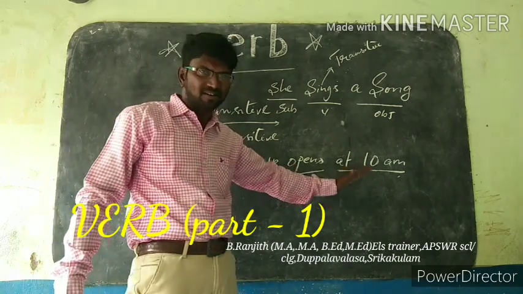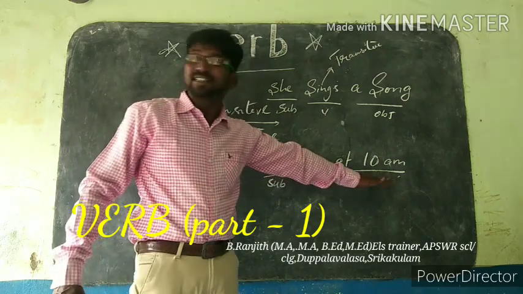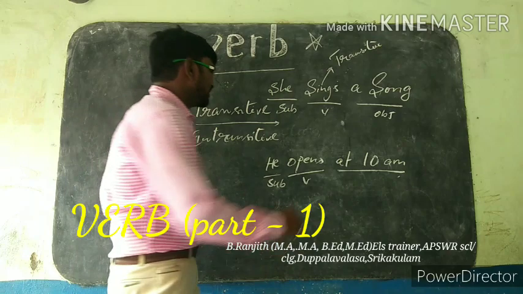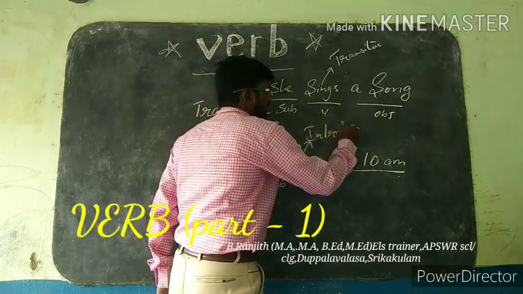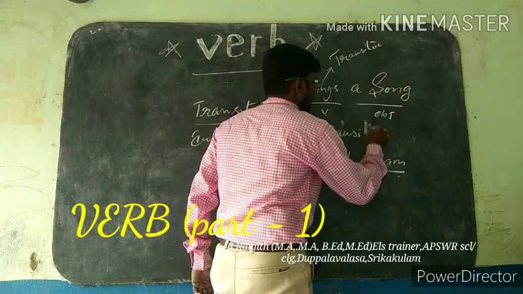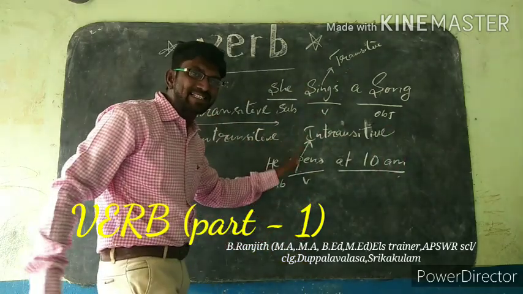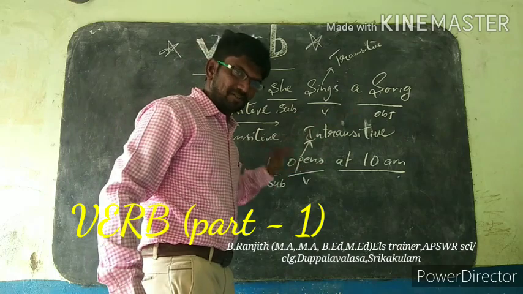Remember this. This sentence does not contain an object. So this sentence is called an intransitive sentence, and this verb is called an intransitive verb.